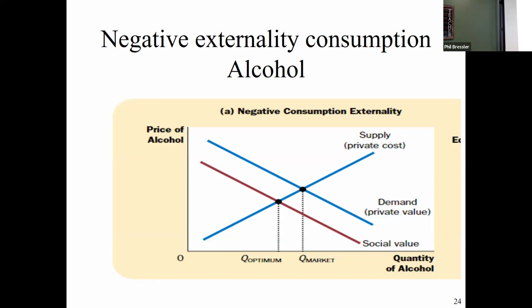Nick, is the market left by itself producing too much alcohol, too little alcohol, or the optimal amount? Too much, right? Okay. Now, Teddy, if I'm drinking too much alcohol, what might government do to slow me down?